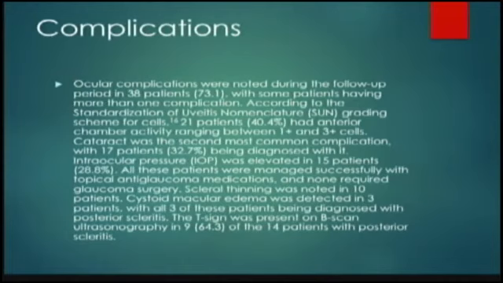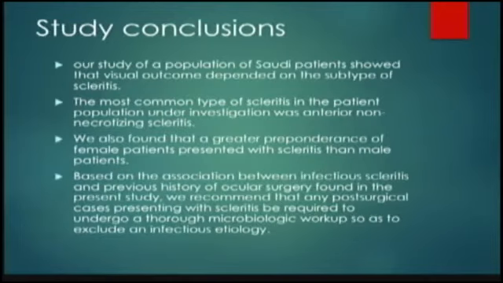Ocular complication of those patients was in 38%, and mostly it was cataract and glaucoma and scleral thinning, with also cystoid macular edema in 3 patients. T sign was present on B-scan ultrasound in 9 patients, 64% of the posterior scleritis. It is a helpful sign.